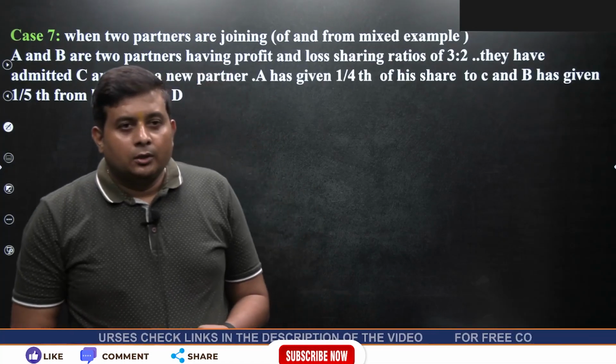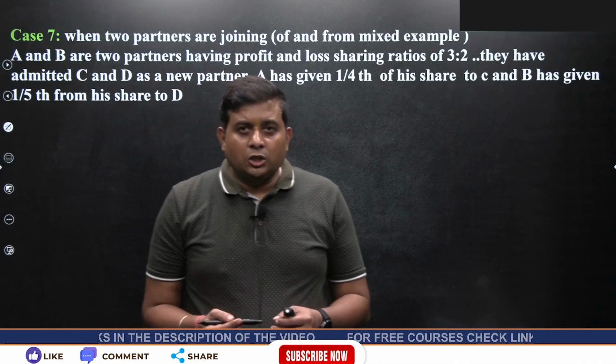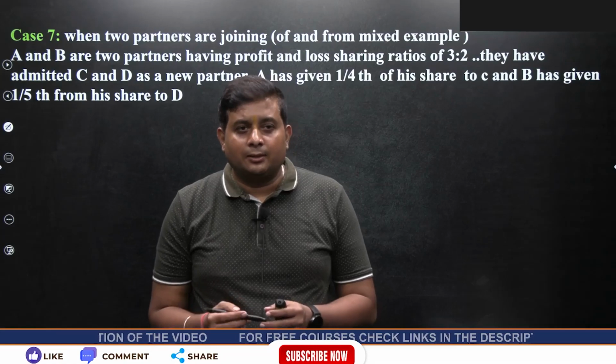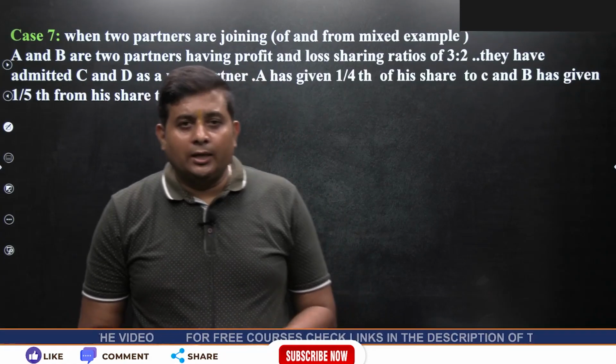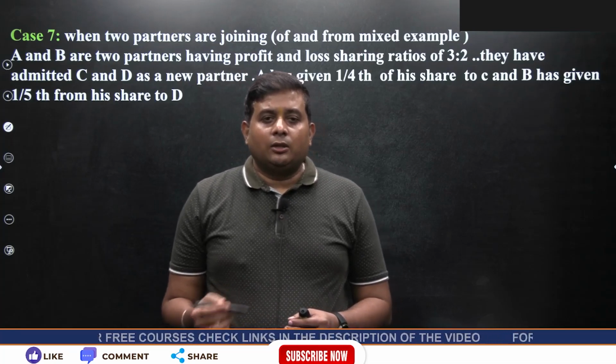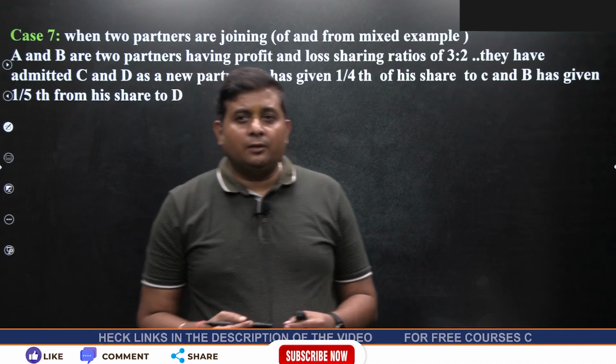Now, case 7. So this is the combination of from and of. I mean the second question and third question I have just mixed. So when two partners are joining, an of and from mixed example I have mentioned. So actually A and B are the two partners having a share of 3:2.